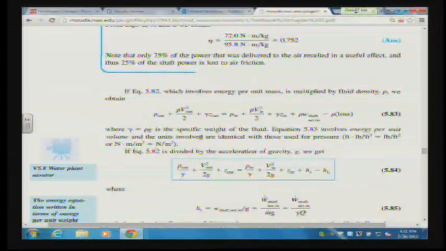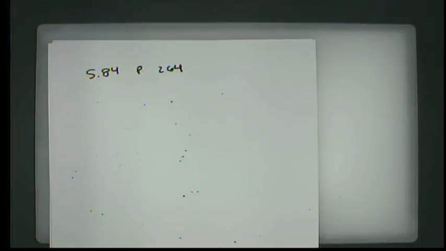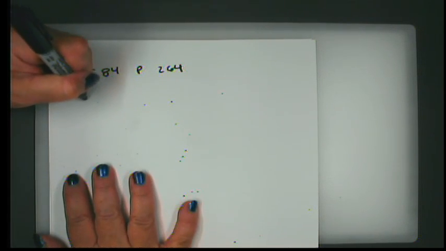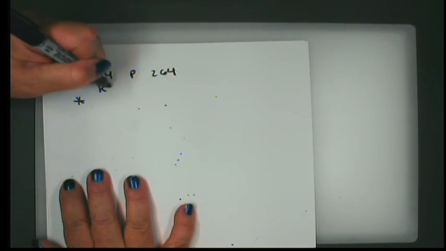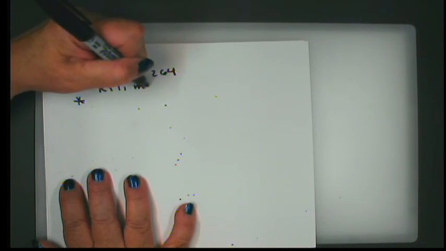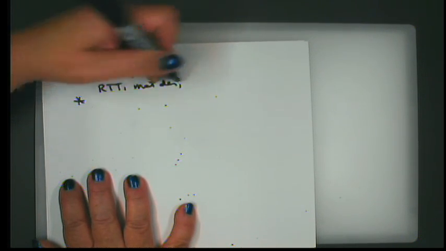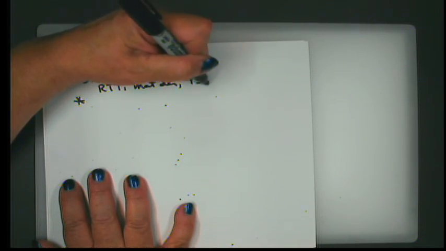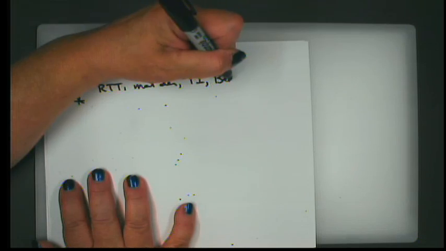So if we take a look at the document, Cam, we can say this has come about from RTT, from the material derivative, from the first law of thermodynamics, and from Bernoulli.